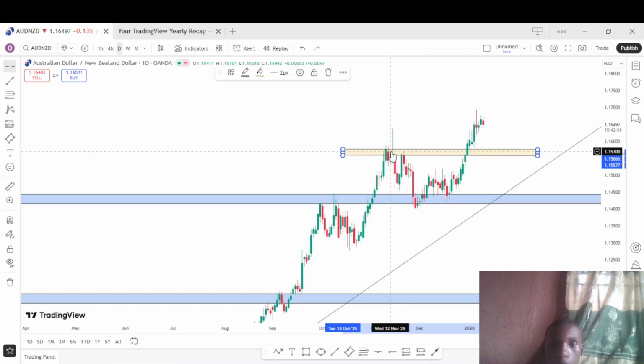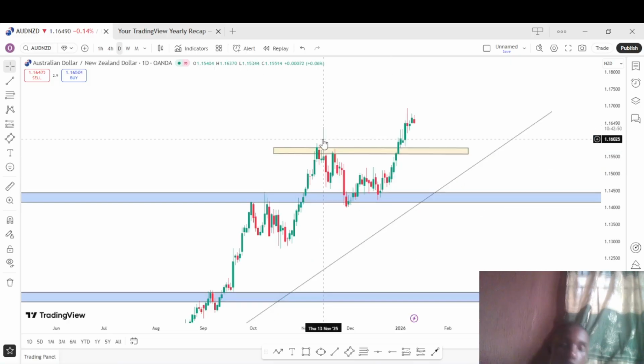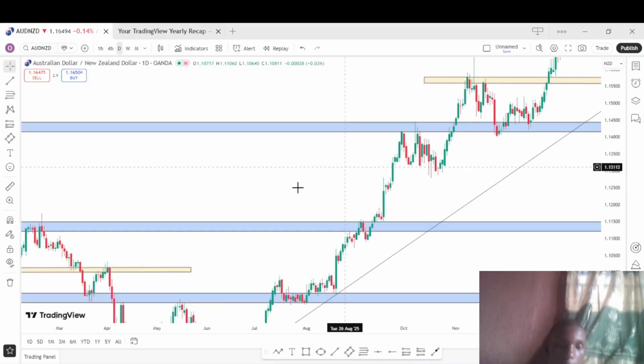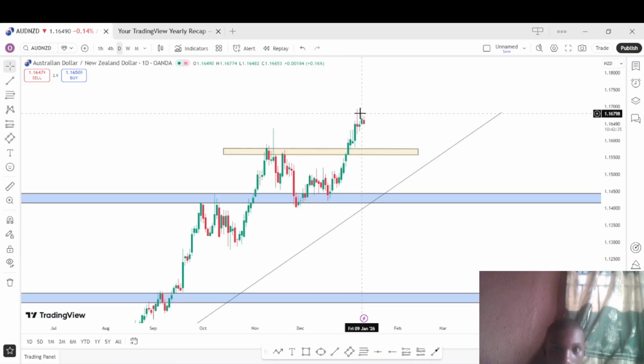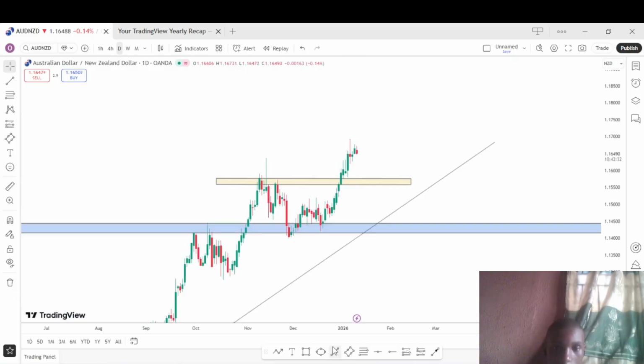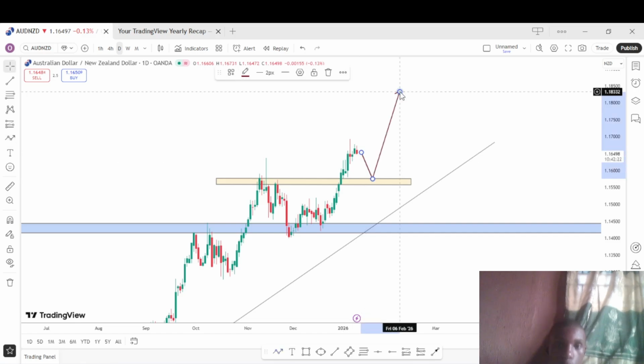This level is strong, and from what we've seen on this other side, where it broke and retested, it's most likely that this trend line breaks and retests like this before pushing up to the upside.